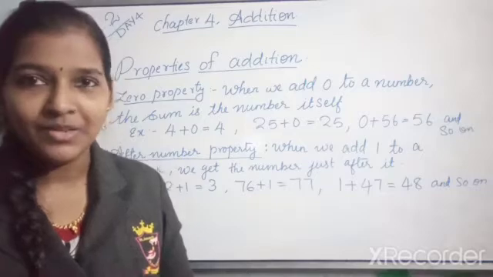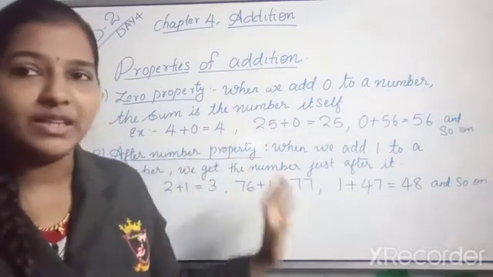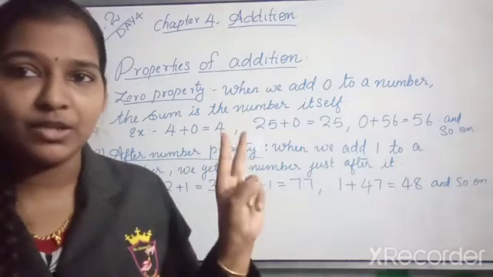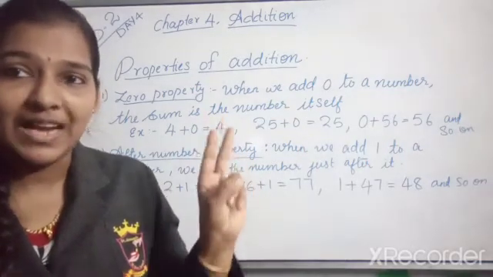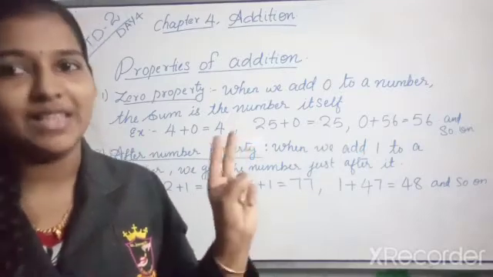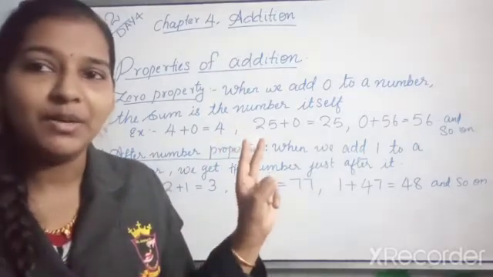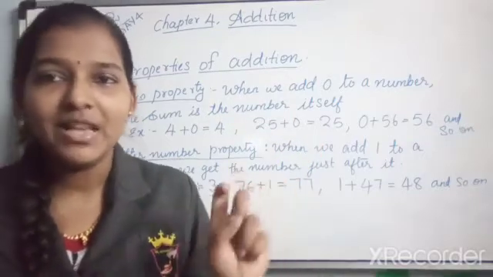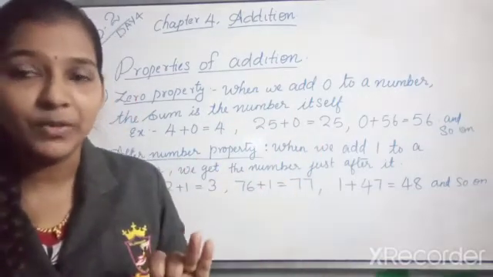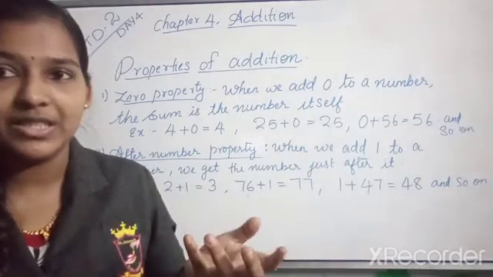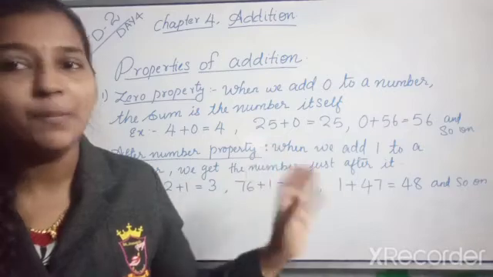Clear, children? So, now we already learned two properties. The first one is zero property. What is zero property? When we add 0 to a number, the answer will be the number itself. For example, 5 plus 0 is equal to 5, that number itself. Now, the second property is after number property.